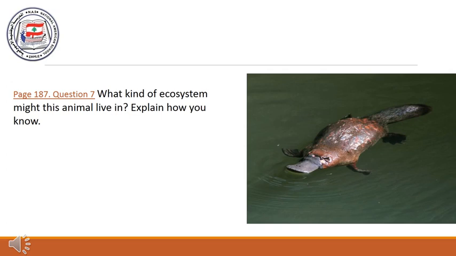It lives on land and in water. So which ecosystem might it live in? Possible answer: This animal lives in a wetland ecosystem because it has webbed feet which will help it swim. I want you, please, to pause the video for a while and copy the answer in your book.